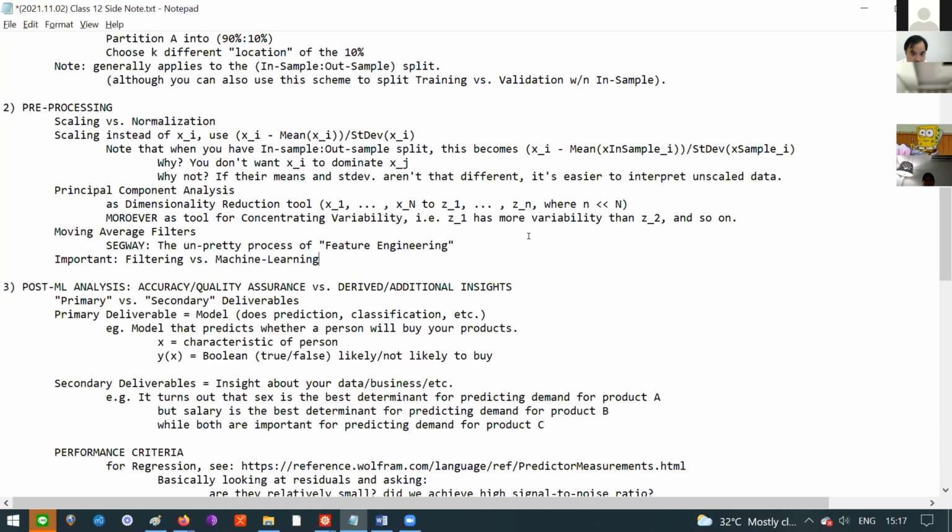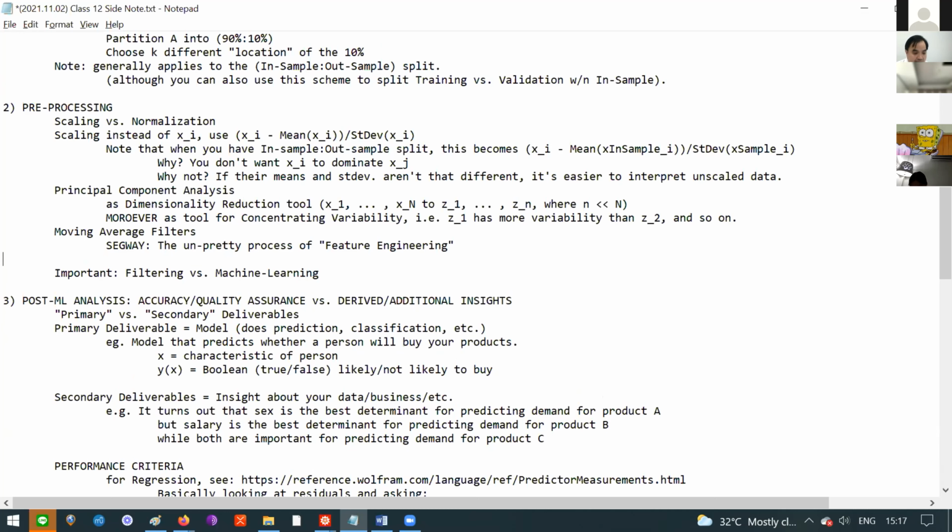So finally, and this is a cliffhanger, this is going to be important for next class. You can think of a moving average filter as performing some kind of filter. Instead of using X1 back 10 periods, you just take an average in a moving window. So that's kind of like processing. That processing is not learned.